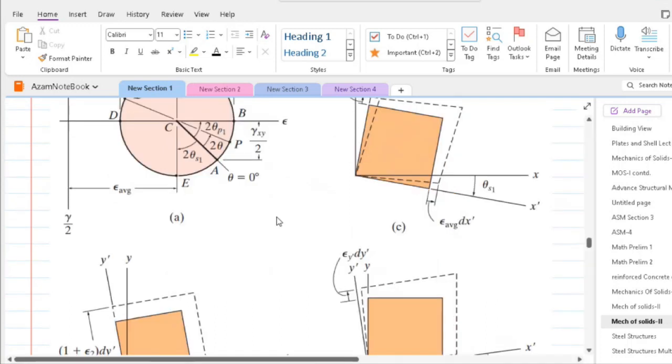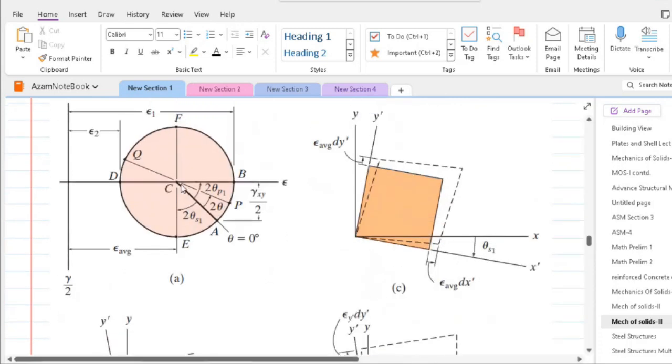It is important to appreciate that the angle between the radii to the selected points on the Mohr circle is twice the angle between the normals to the actual planes represented by these points. The rotational sense of this angle corresponds to the rotational sense of the actual angle between the normals to the planes.